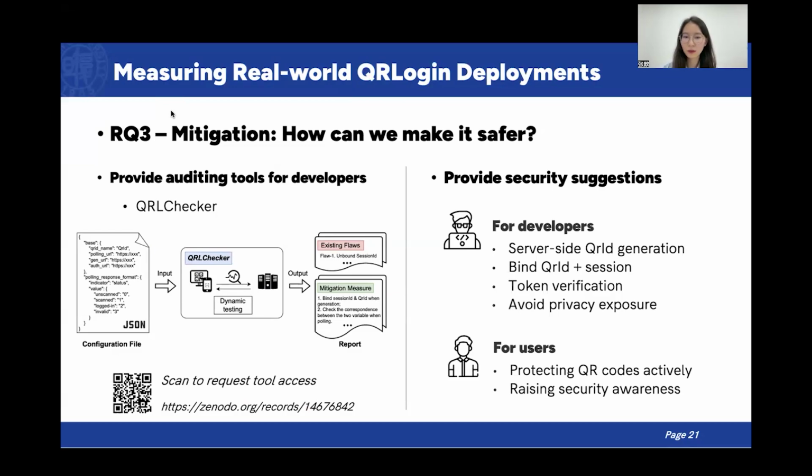It will report the existing flaws and the corresponding fix measures. It's now responsibly available on request to vetted ones to prevent misuse. On the other hand, we also provide security suggestions to make your login process safer.